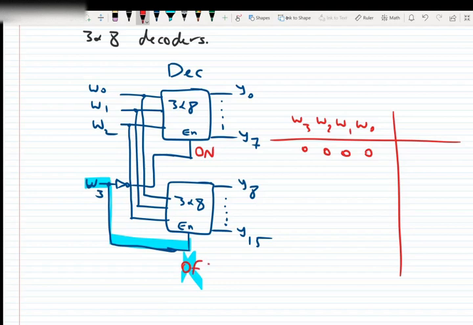W0, W1, W2 are 0, so Y0 will be set to 1. Let's see one more example. So 0 0 0 0. If we continue and let's say we have the value 1 0 1 0 1 0. For this one, let's see which Y will be activated.